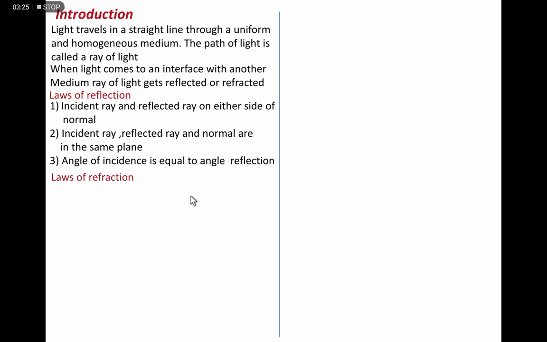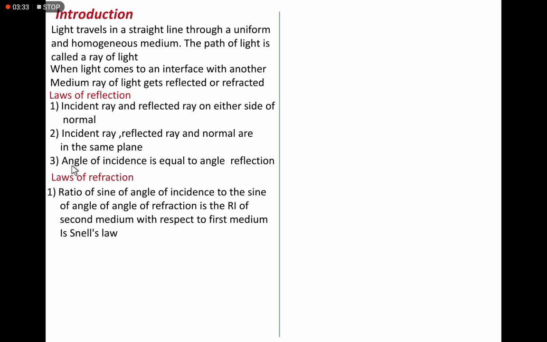Similarly, some laws are there with refraction. The first two laws are common in refraction. The other law is that the ratio of sine of angle of incidence to the sine of angle of refraction is the refractive index of the second medium with respect to the first medium.